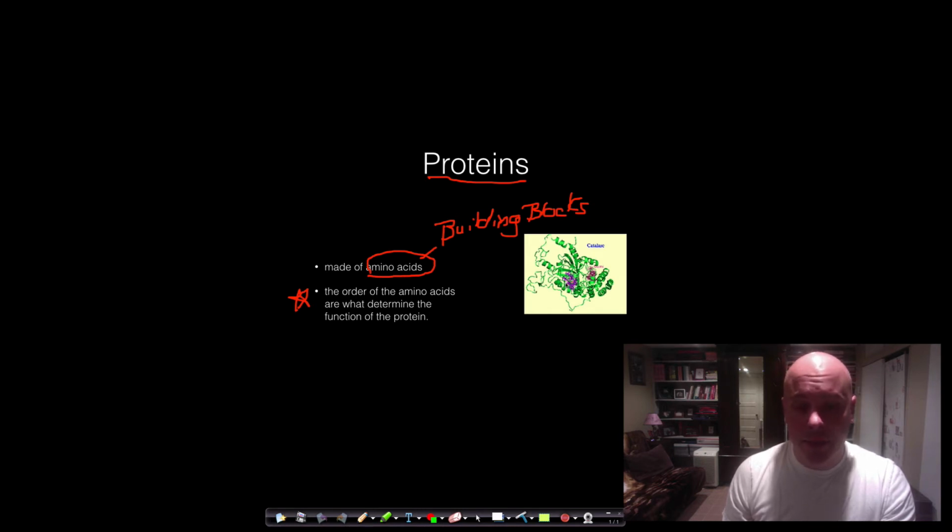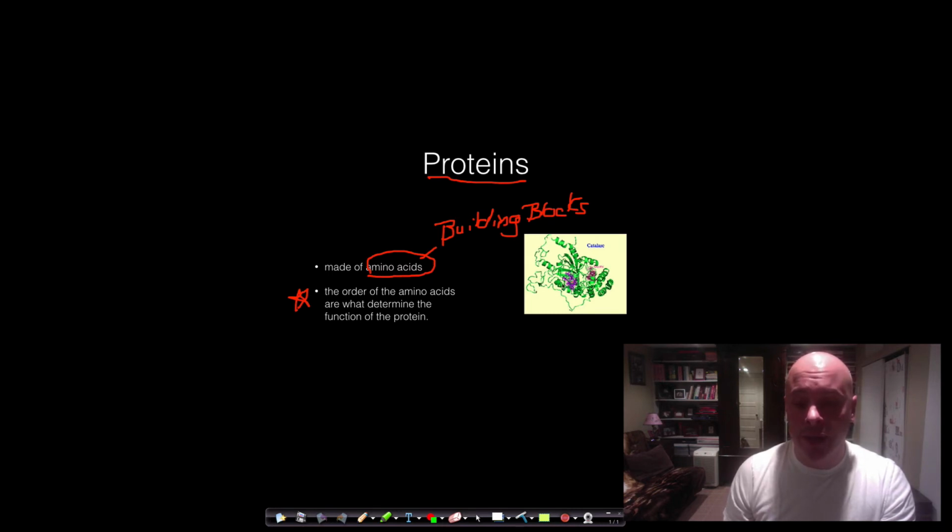This particular sequence of amino acids produces this odd shape, with lots of bends and curves, loops and curls. If you were to change just one amino acid, maybe you change this loop into something else, and you don't have catalase anymore. You would have something else. So the order of the amino acids is very important.